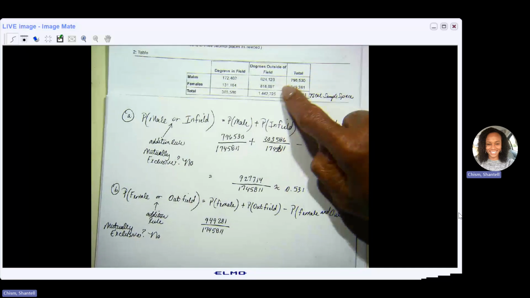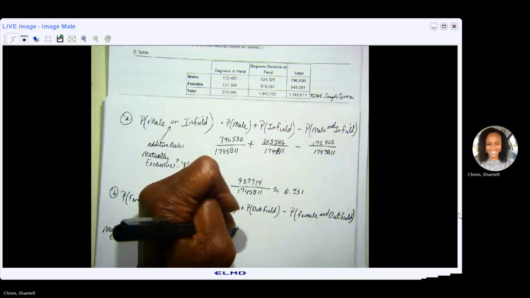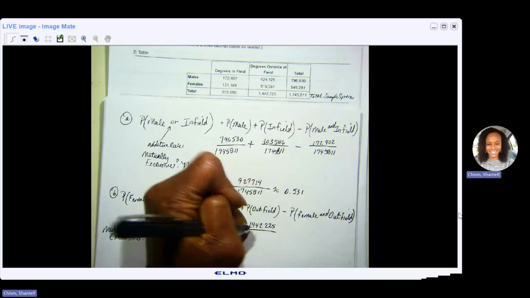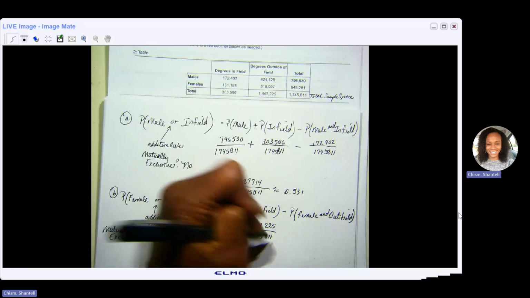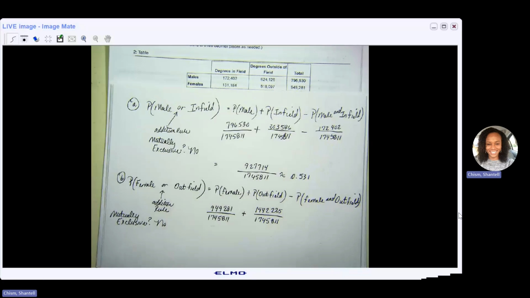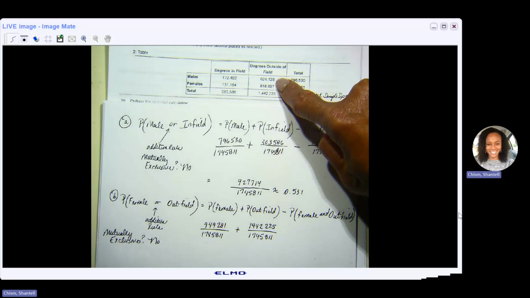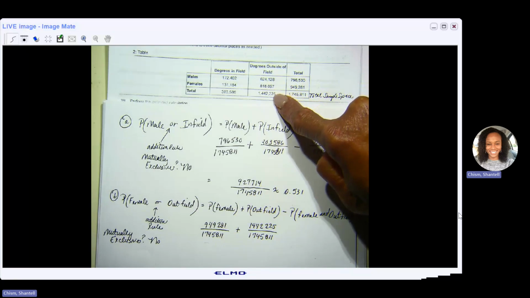That total at the bottom of that column is 1,000,442,225 out of the total sample space, 1,745,811. Now, that 1,000,004 and some change included both of these values together, the number of male students who earned a degree outside of field and the females who earned a degree outside of field. That's where we got that amount.